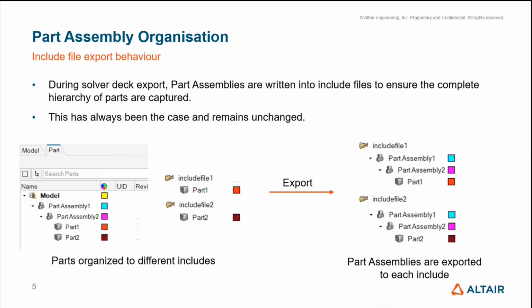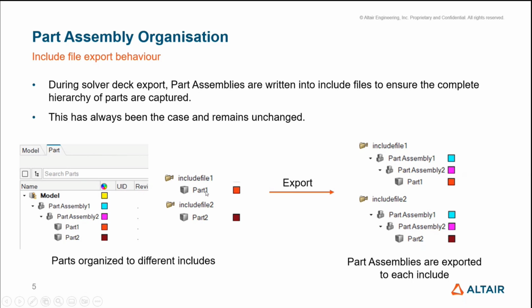During solver export, we write part and part assembly comments as an XML comment block to the bottom of an include file. And when we write that part comment block, we write all of the assemblies necessary for a part into each include file to ensure the complete hierarchy of the part is captured.